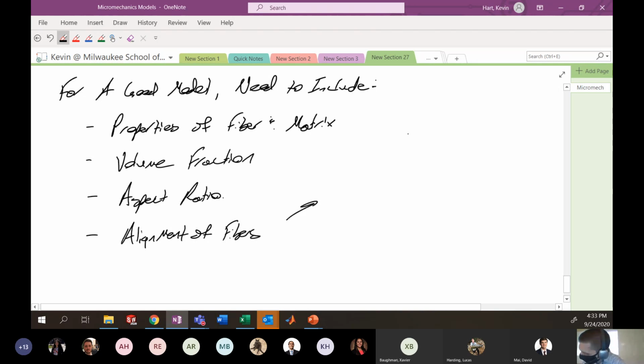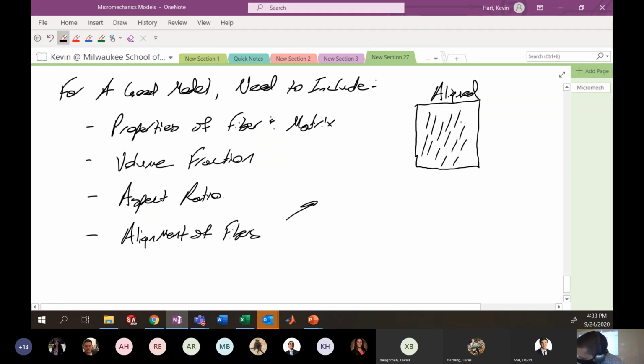I'll draw some pictures over here to show exactly what I mean. If we think of aligned short fibers, looking head on at a particular composite, it might look like this, where they're all aligned in a particular direction. You may have partial alignment.